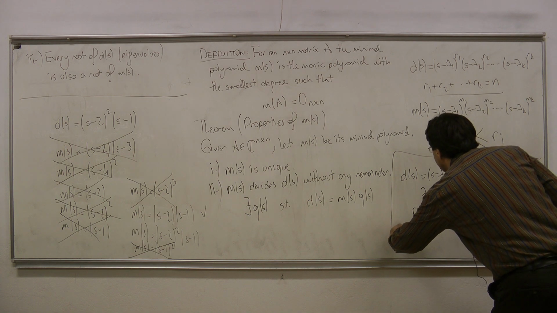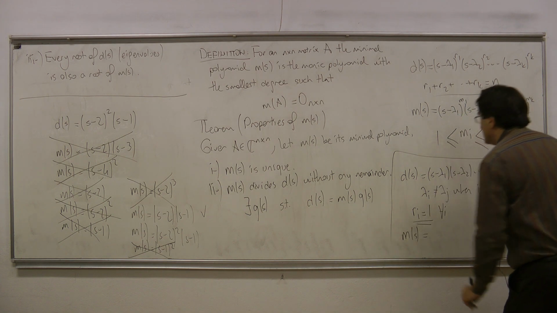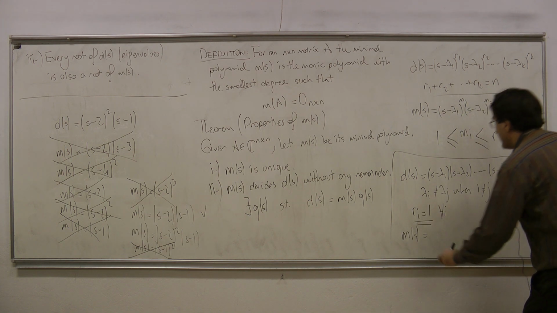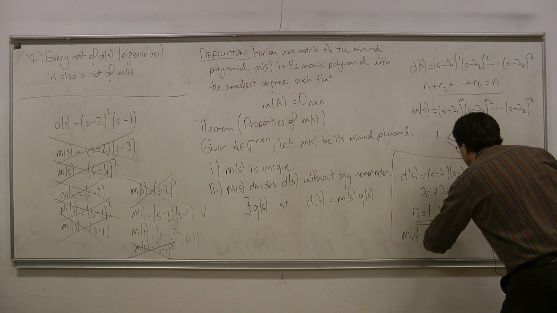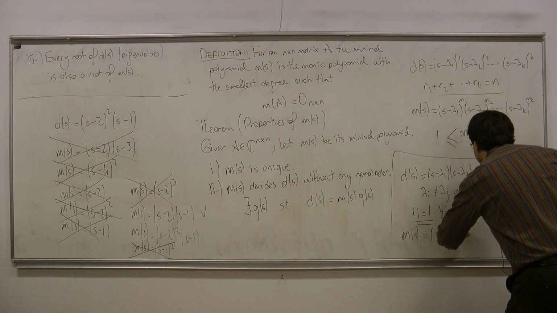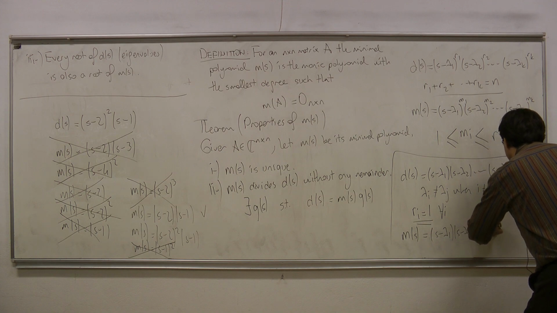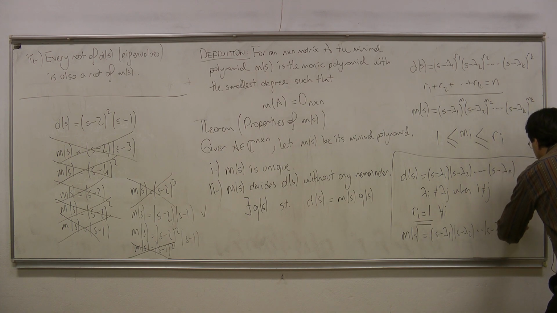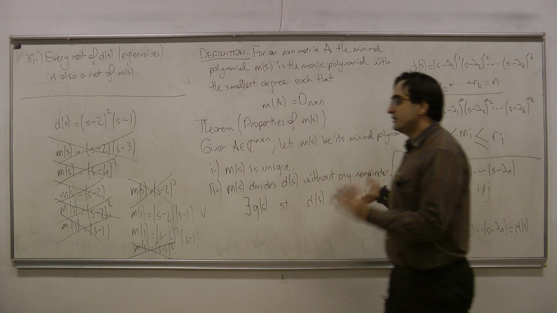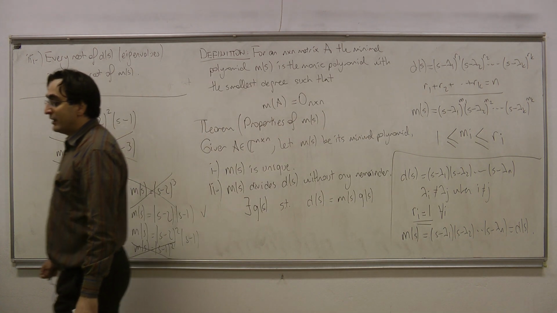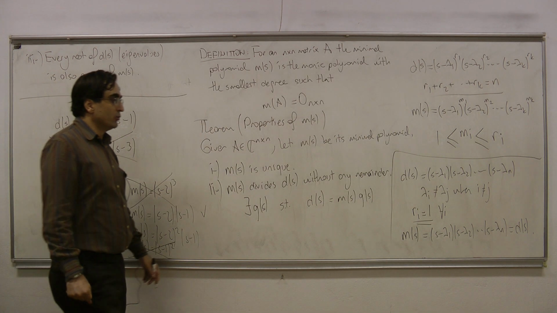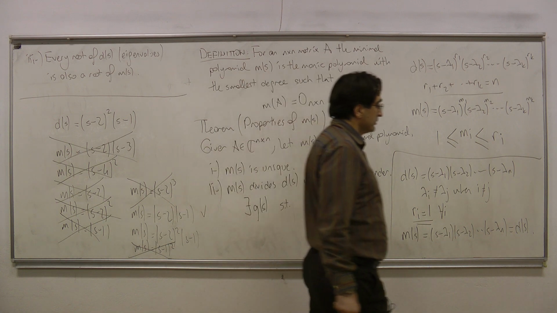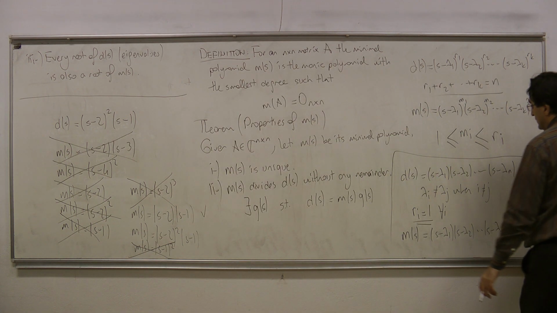So that means that in this case, the minimal polynomial would always be equal to the characteristic polynomial, s minus lambda 1, s minus lambda 2, going until s minus lambda n, which is d of s. So in the distinct eigenvalue case, the minimal polynomial is always equal to the characteristic polynomial.